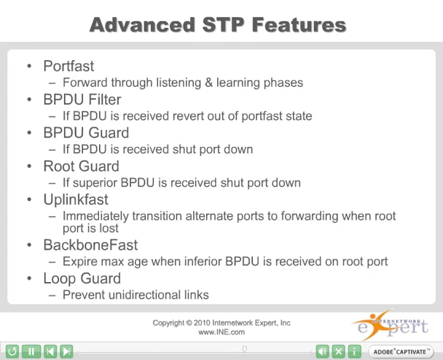We've got PortFast. This is going to be used on interfaces that connect to workstations and servers. When we know there is no need to cautiously transition from one state to another because we're never going to plug in a bridge or a switch out that port, we can initiate PortFast, which is going to skip those listening and learning phases.